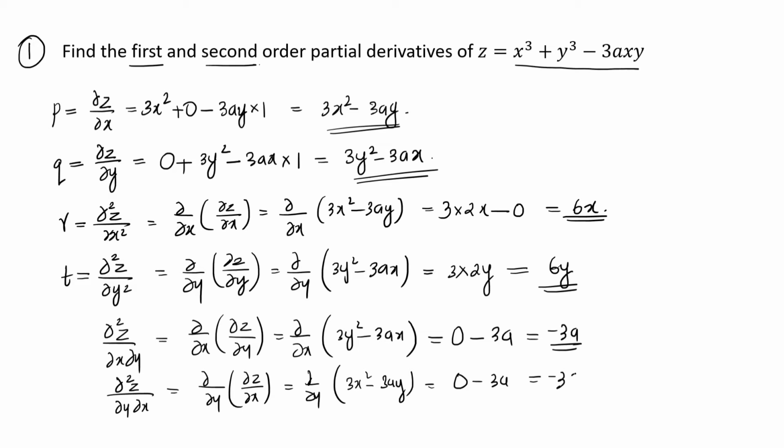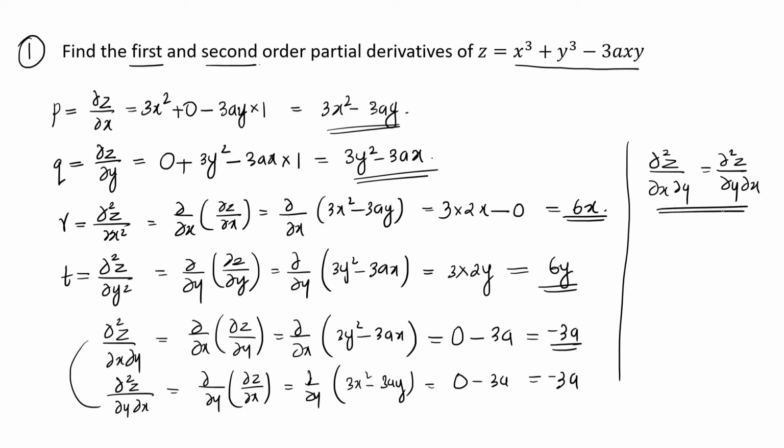It is again minus 3a. Therefore, from these two mixed partial derivatives, we can write dou square z by dou x dou y is the same as dou square z by dou y dou x. Okay, this is the first question.